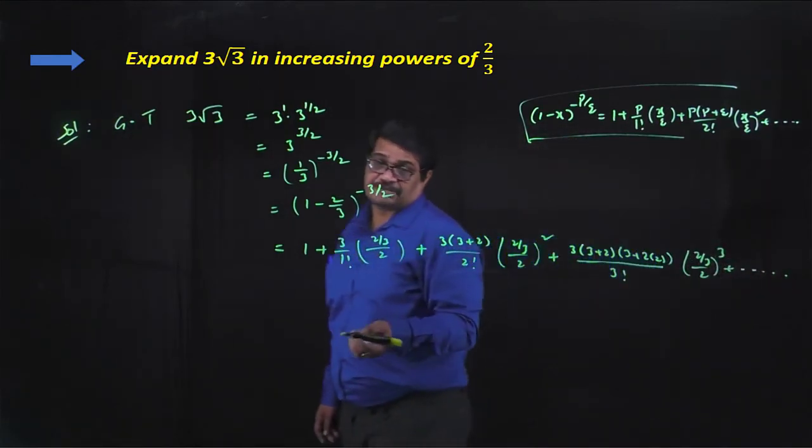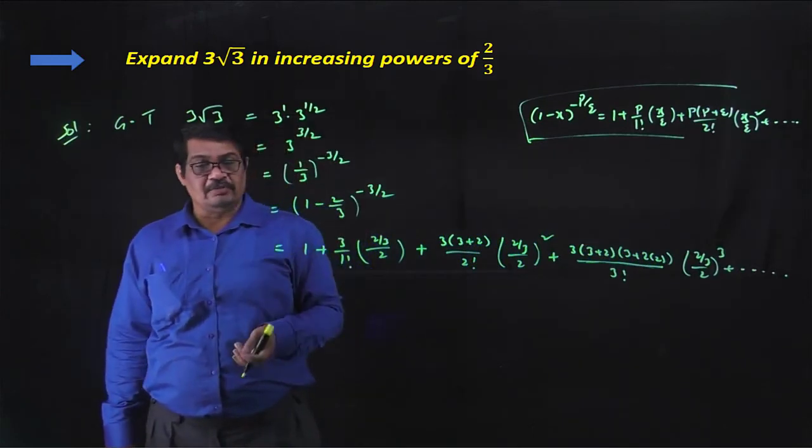So this is the expansion of (1 minus x) whole power minus p by q.